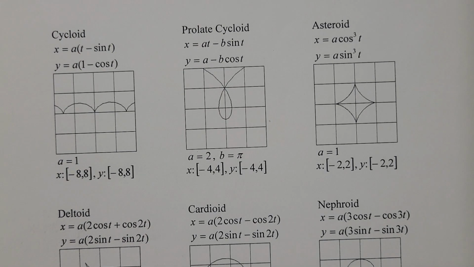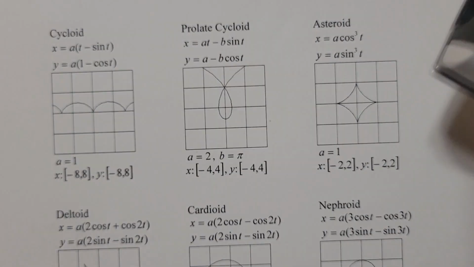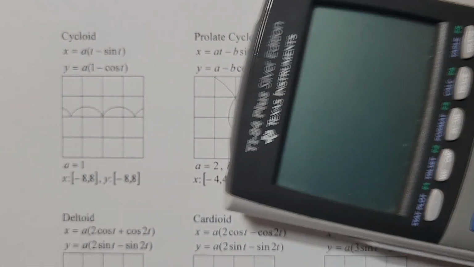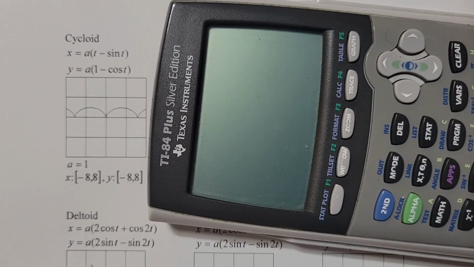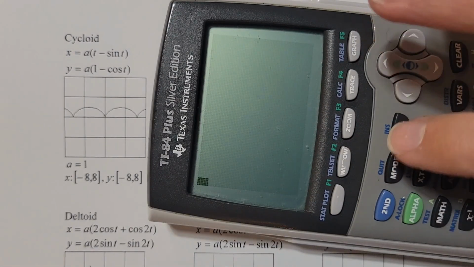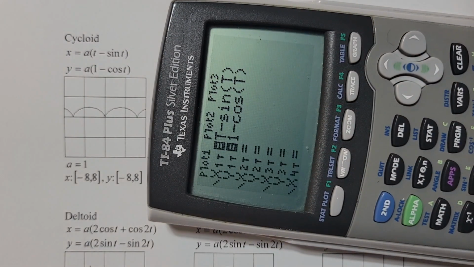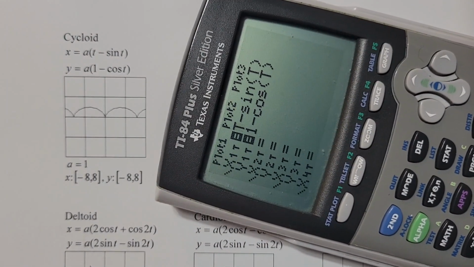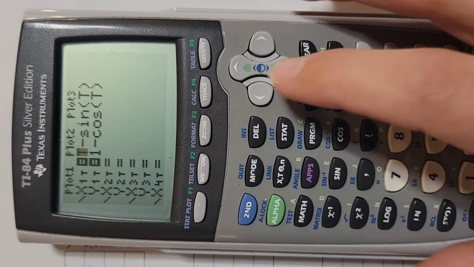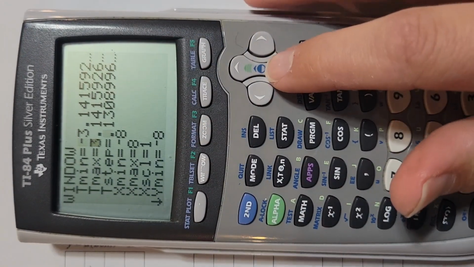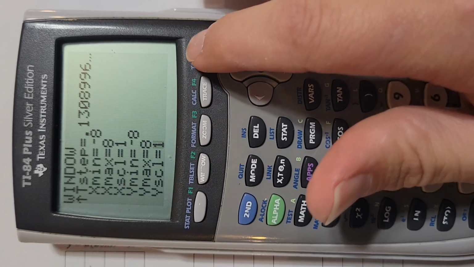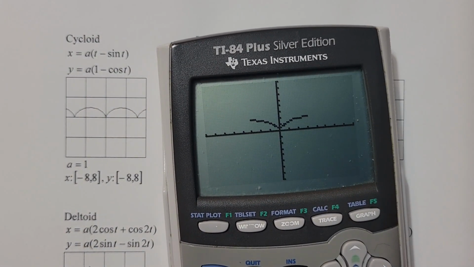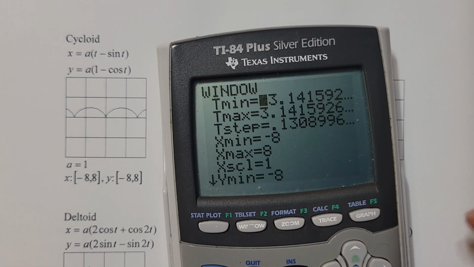Okay. Now here's, be sure that you use your calculator also, or that you know how to do that. Okay. So if I were to type these equations into the calculator, I think I've already done that here. So there's t minus sine t and 1 minus cosine t. Okay, a is 1. Let's see, I'm on the window -8 to 8. So if I graph that curve, let's see, the t values are going from -pi to pi.